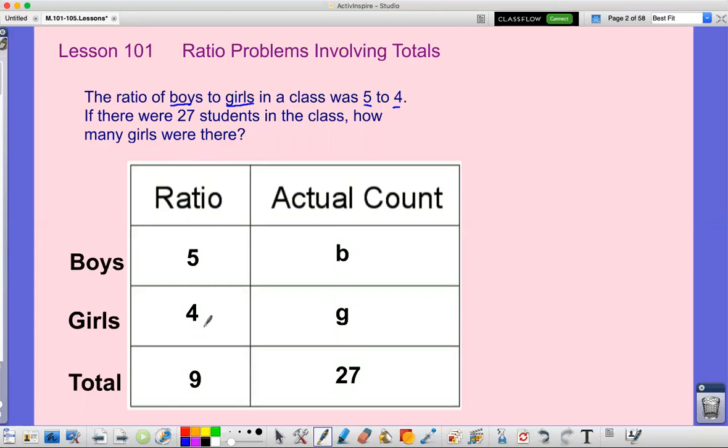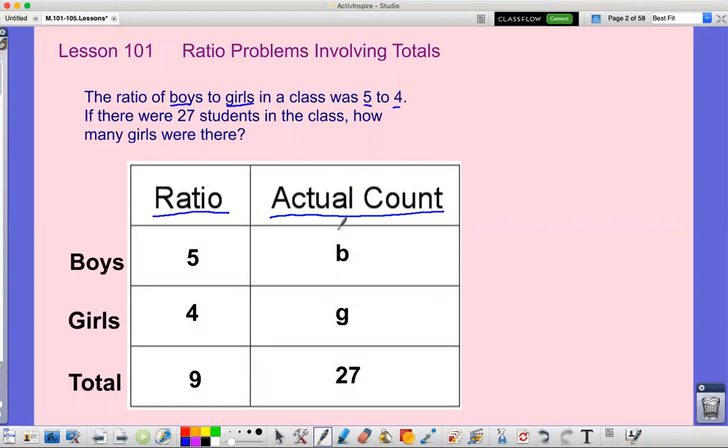It's not going to be 4-5. It's got to be boys with 5, girls with 4. If there are a total of 27 actual students in the class, that's the actual count. So you've got an actual count here. You have the ratio. This is considered a ratio box.